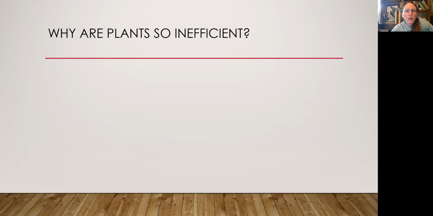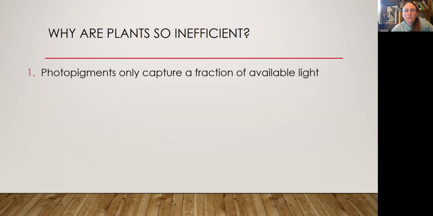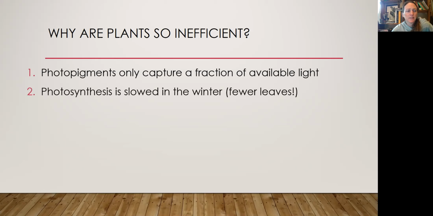So why are plants so inefficient at this? Well, first of all, the photopigments in their bodies can only capture a fraction of the available light that's coming into them. The second is that photosynthesis doesn't occur at a really high rate all year. Because a lot of species are deciduous and drop their leaves, photosynthesis drops considerably in the wintertime.